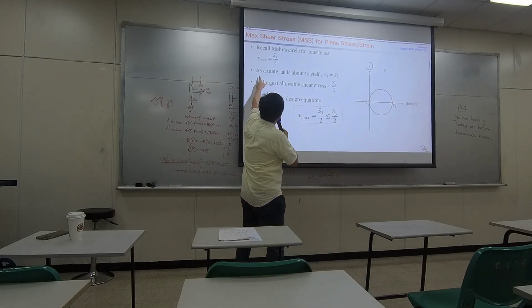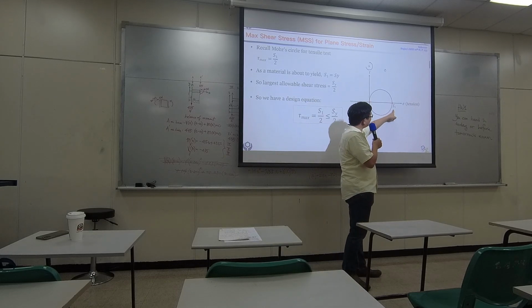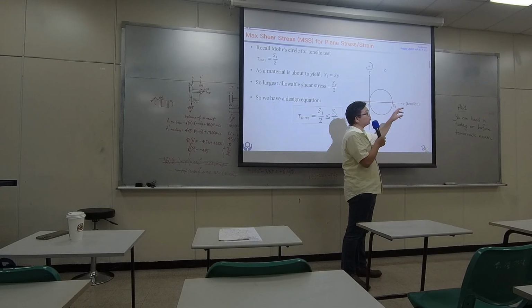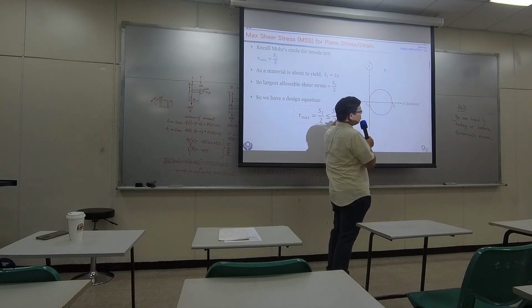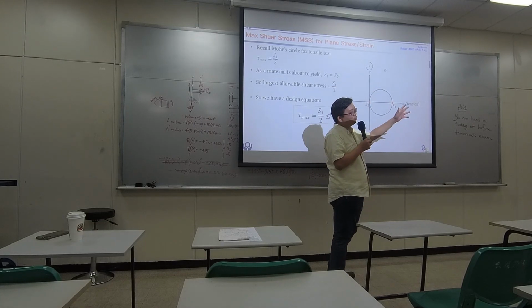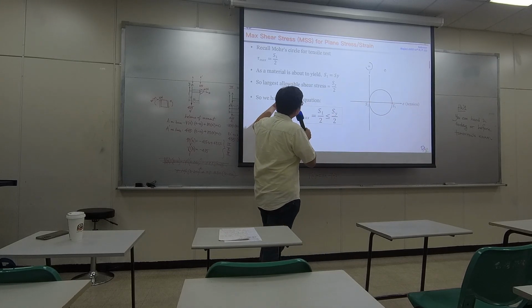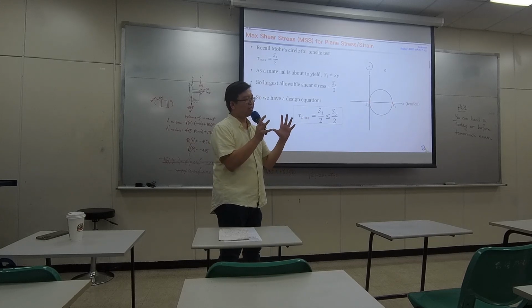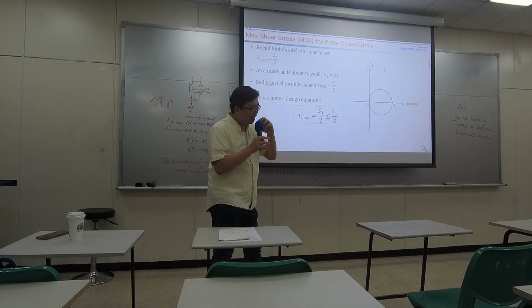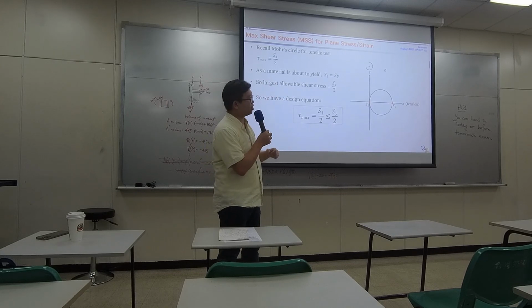As the material is about to yield, your first principal stress equals Sy, basically the yield strength, and you cannot apply even more stress because it's going to yield. So you can say that was the state where you can pull your material the most.